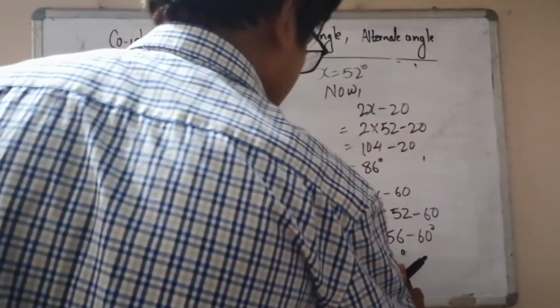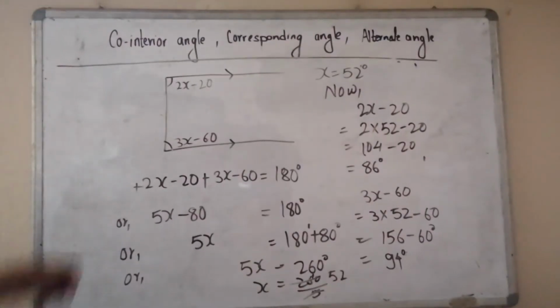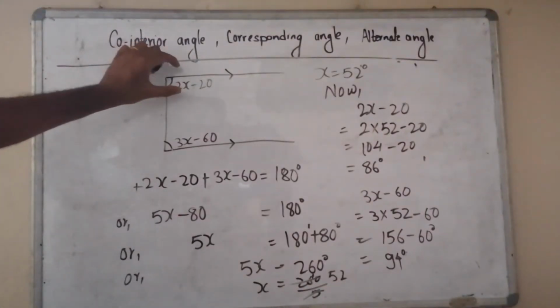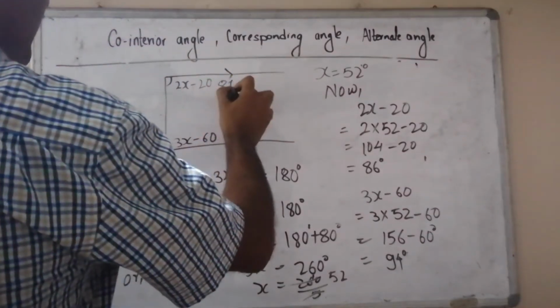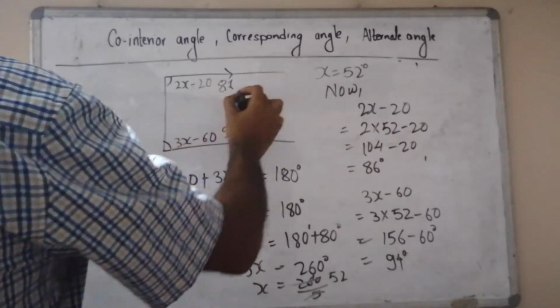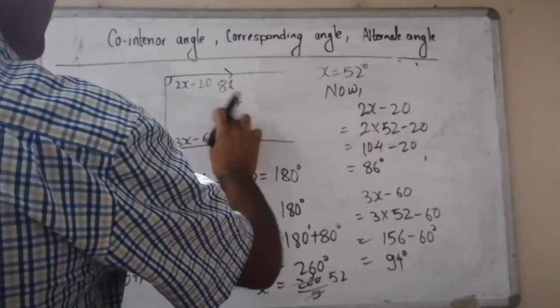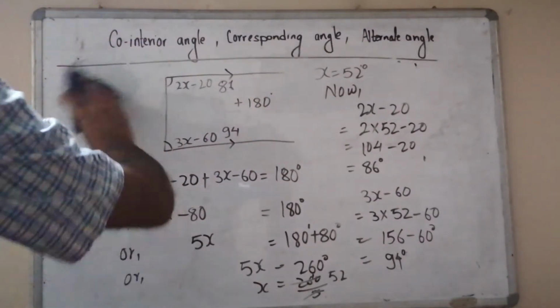So you find the value of x and the value of this angle. This angle is 84 and another one is 96, and if you add these two angles, then it becomes 180 degree. This is a co-interior angle here.